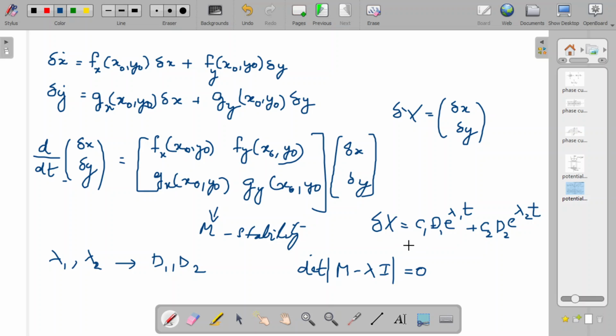So our next step is to classify the fixed points depending upon the values of lambda 1 and lambda 2. I hope you understood this much.